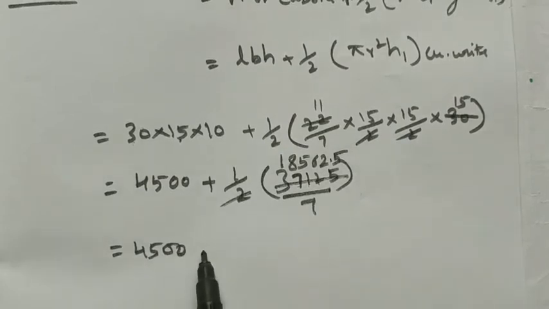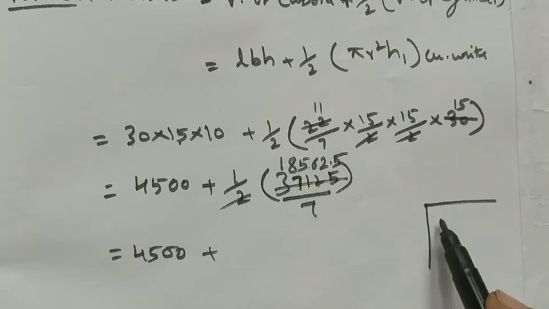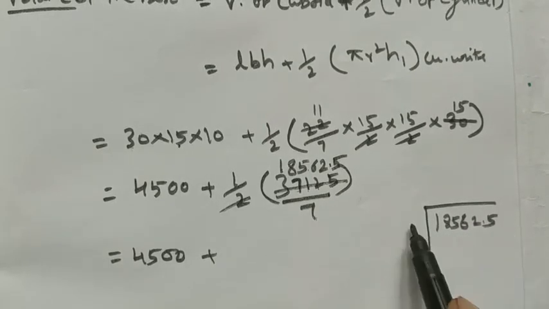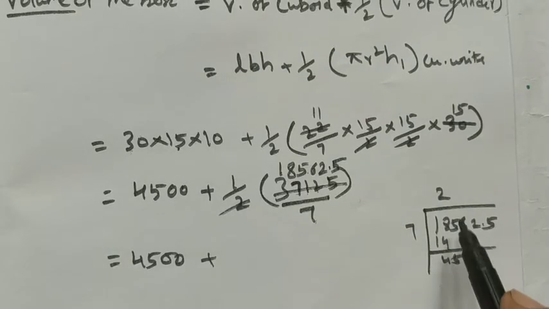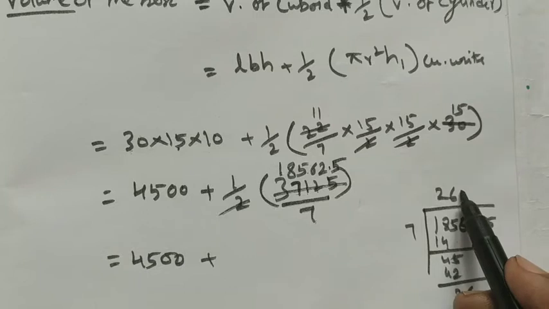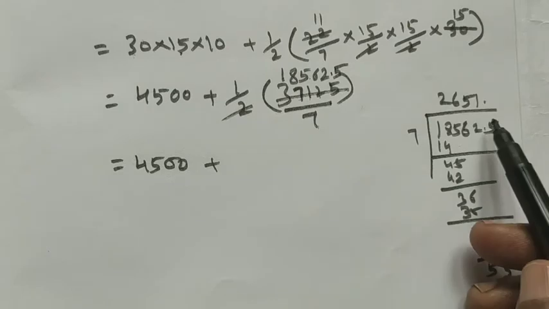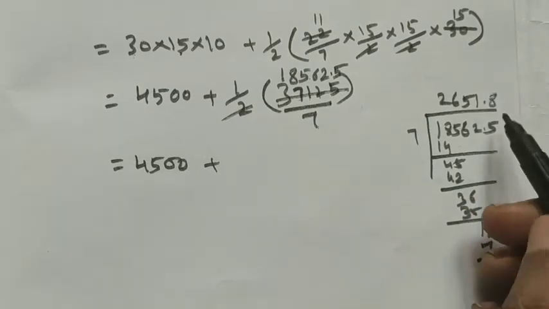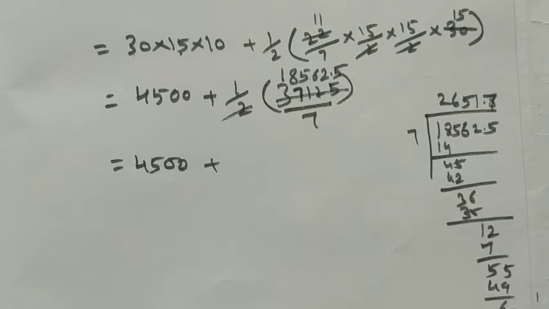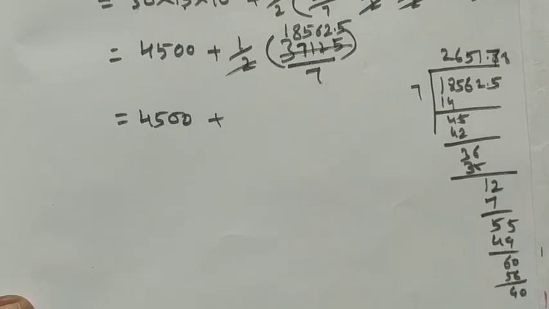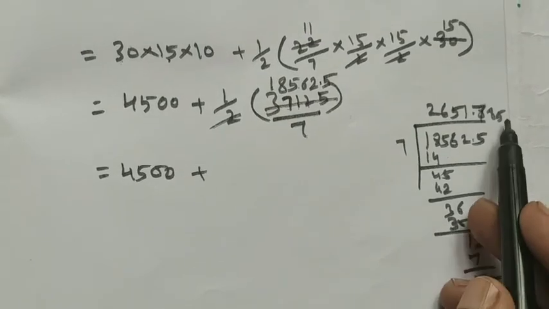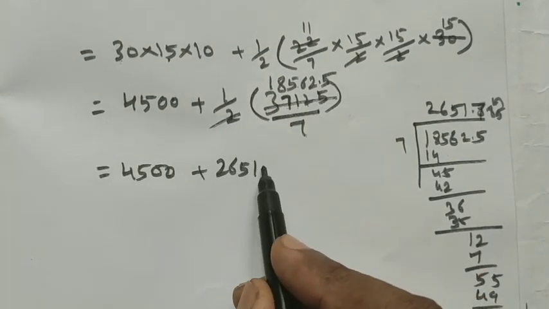Now 4500 plus this term divided by 7. 562.5 is divided by 7, and we get 80.36 with decimals.